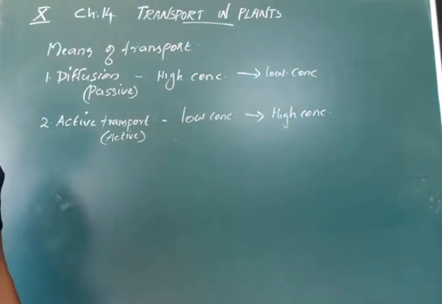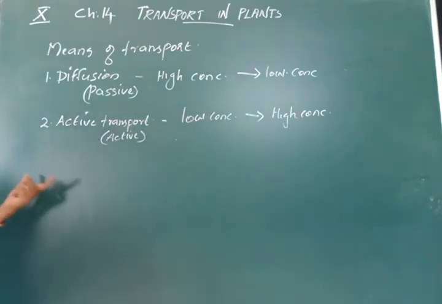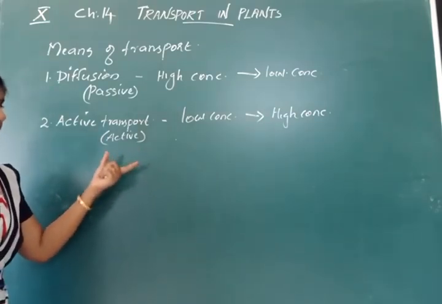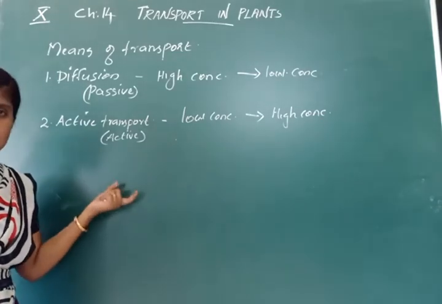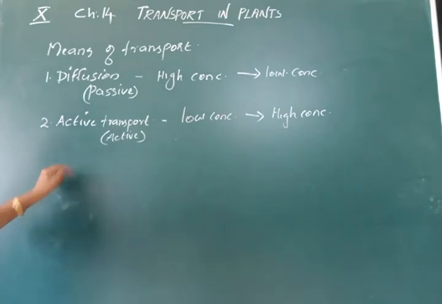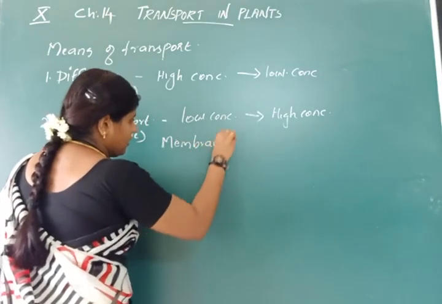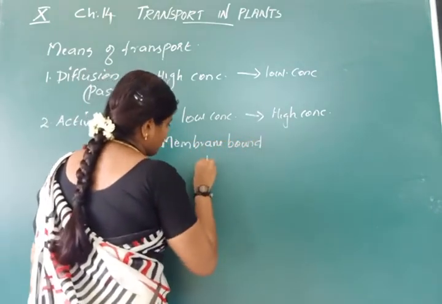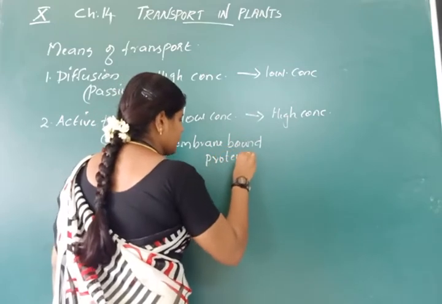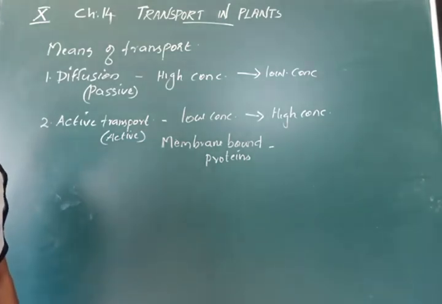In active transport, some membrane-bound proteins help, so that these membrane-bound proteins help the materials to cross the cell membrane. Membrane-bound proteins are present on the cell membrane, and they help the materials to cross the cell membrane.